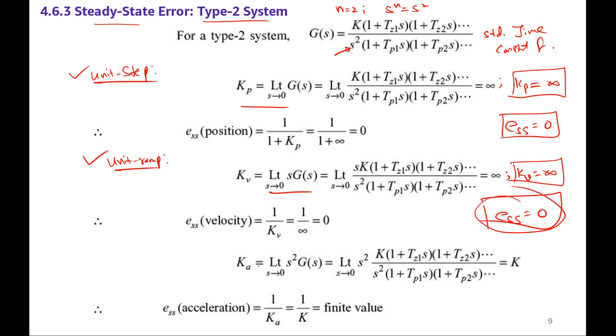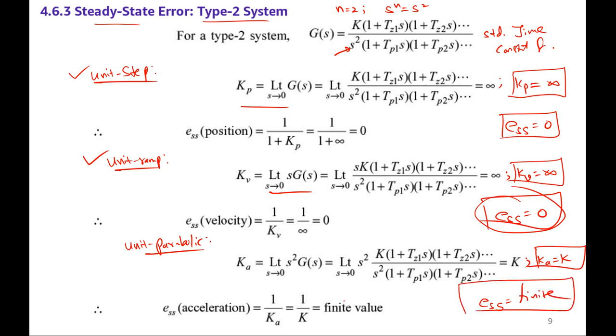Is it fine? The next, whenever the input is unit parabolic, find out the acceleration error constant. It is Ka equal to K, some finite value I am getting. Ka is equal to K. It depends on system gain, and steady state error ESS is some finite value. Yes, I am getting some 1 by K, right?